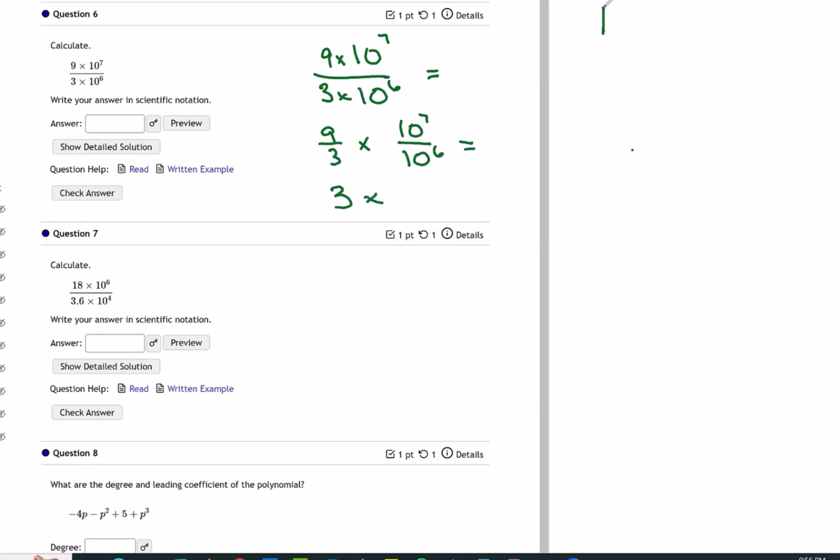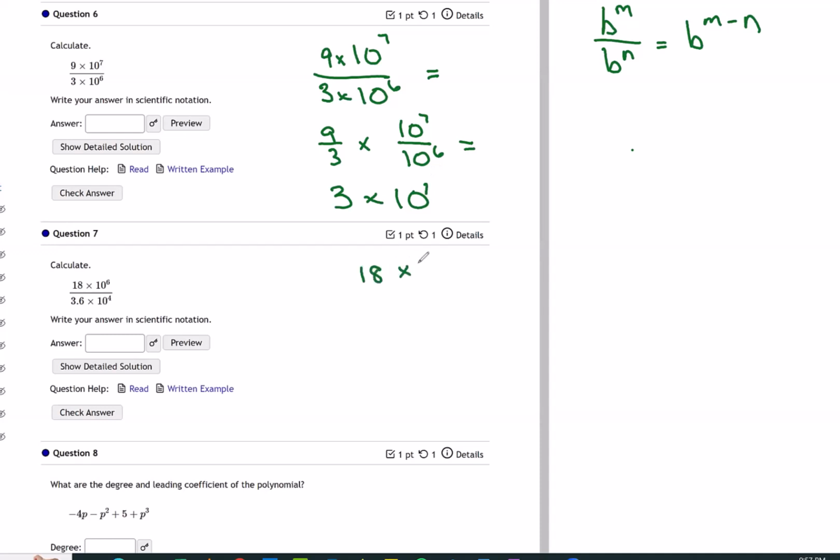And we have the rule that says b to the m divided by b to the n, we subtract. That means this is 10 to the 7 minus 6, which is 10 to the 1. And we want to write it in scientific notation. 3 times 10 to the first power.